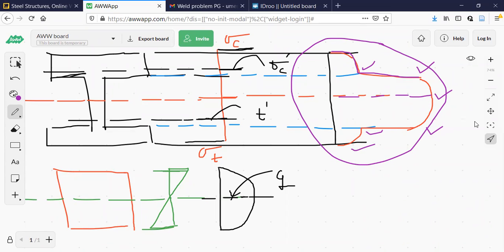The remaining values are again these 3. Here also 1, 2, 3, 4, and here also 1, 2, 3. Again 4 is common. Remaining are 6. Out of 7 readings, 3 are enough if it is a symmetrical section.